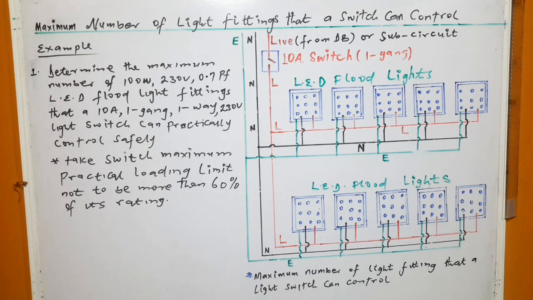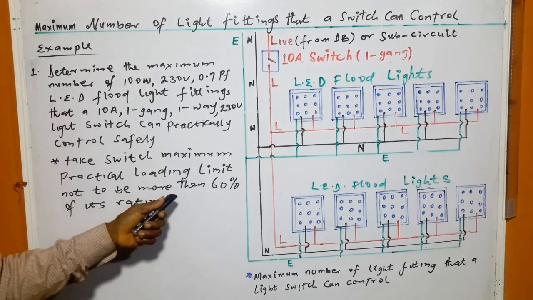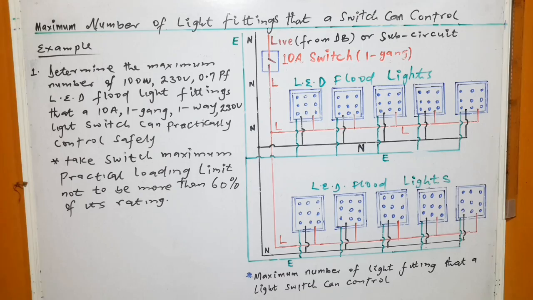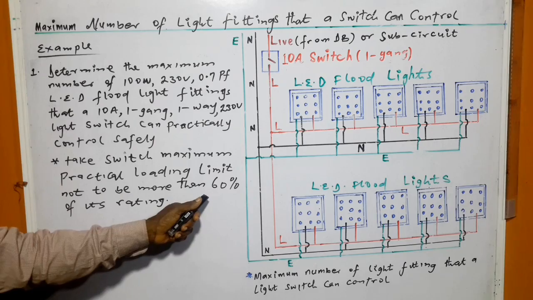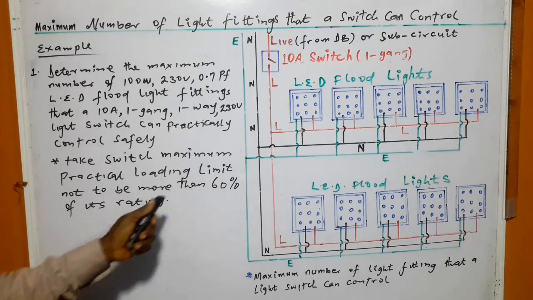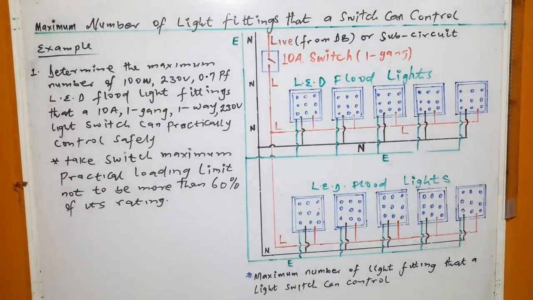Otherwise, the vehicle will not last. So the situation of the switch is analogous to that. So a maximum limit of 60% of the switch rating is more suitable and safe.